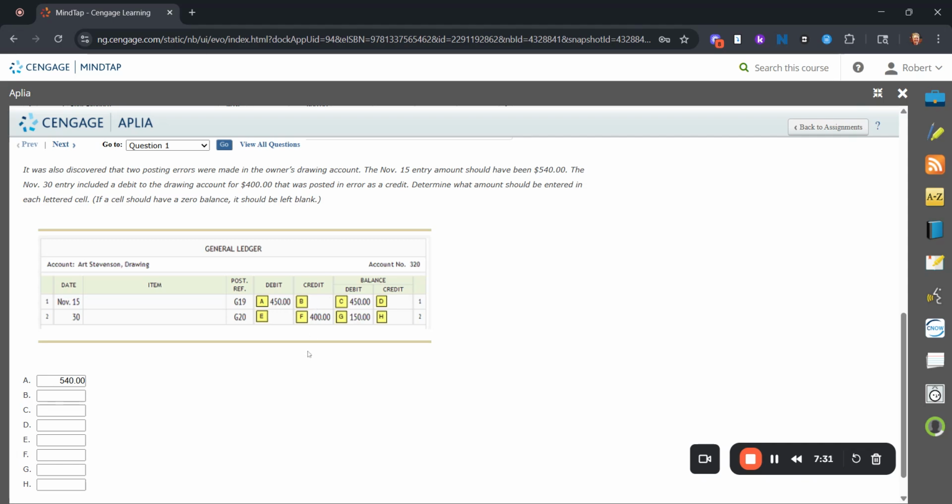On the credit, that's still going to stay blank. Now that's going to change the account balance for drawing. So box C should now be the current balance of $540. So this should be $540, and this should be $540.